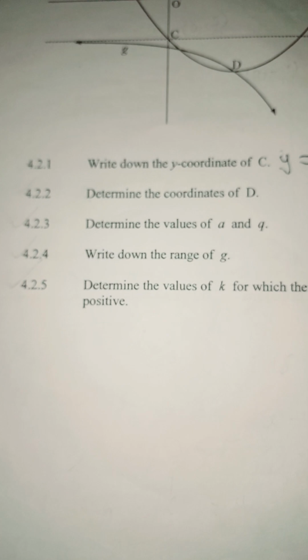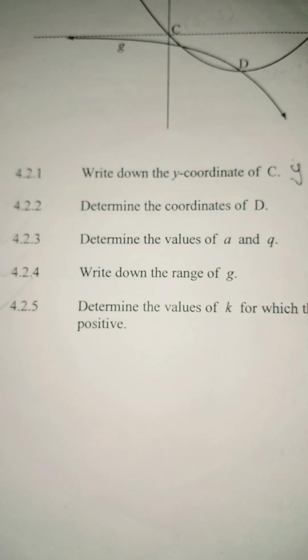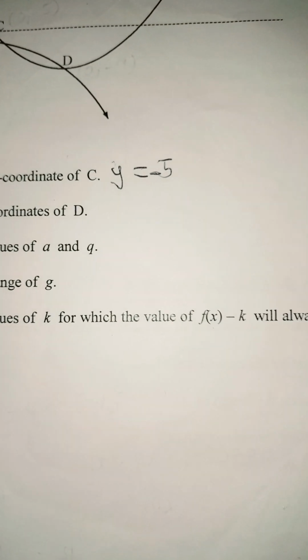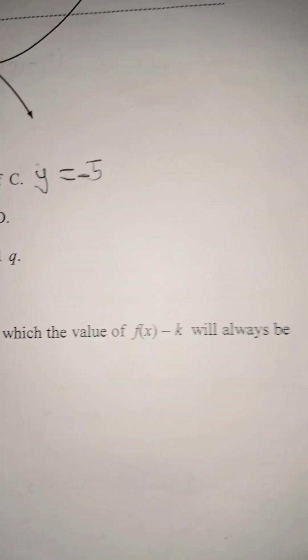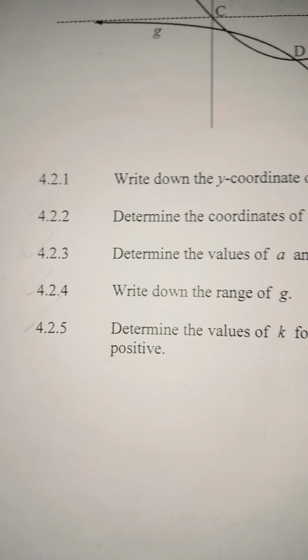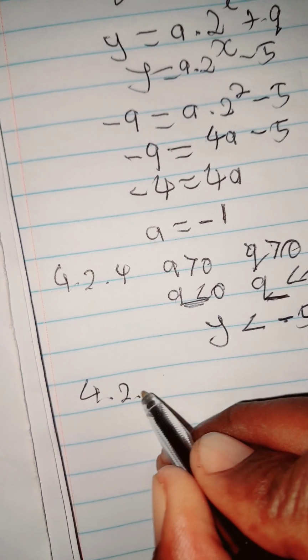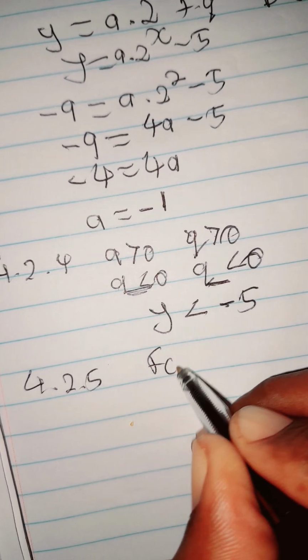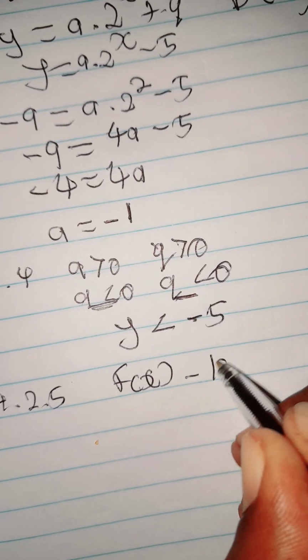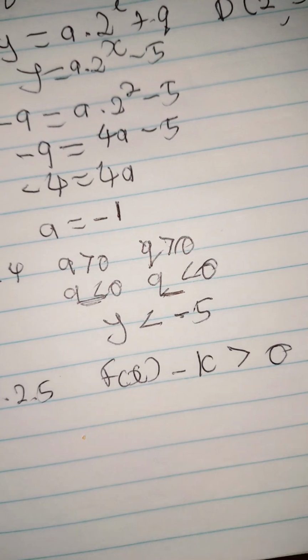Okay, then they are saying at 4.2.5, determine the values of k for which f of x minus k will always be positive. In mathematics, we know that when something is said to be positive, it means that f of x in this case minus k will be greater than 0.